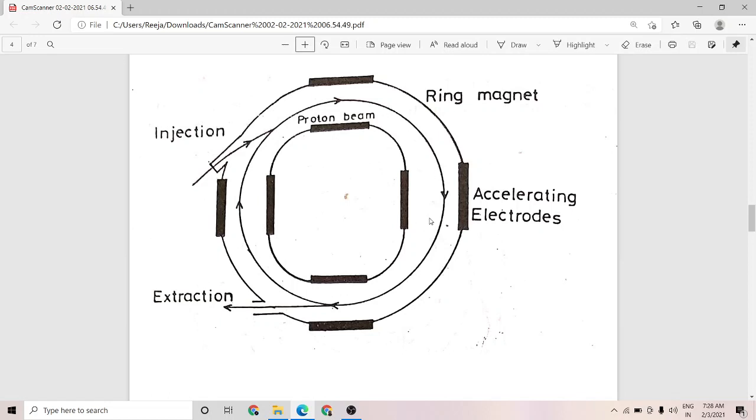Their energy goes on increasing because of the accelerating potential applied, and the high energy protons are then extracted by means of a suitable arrangement and allowed to strike the target.